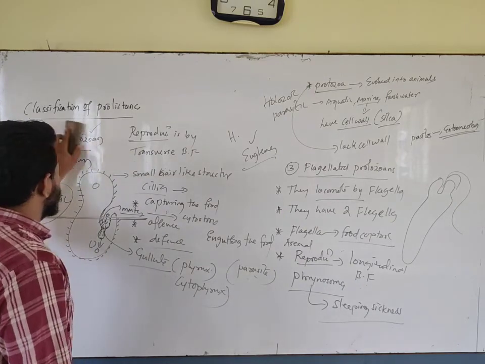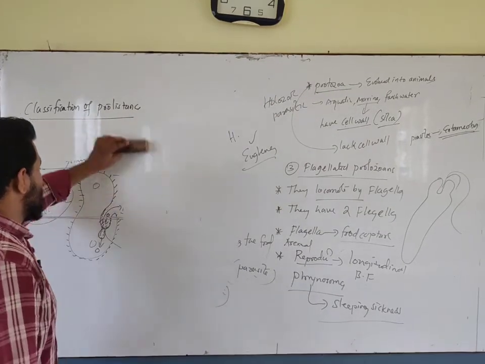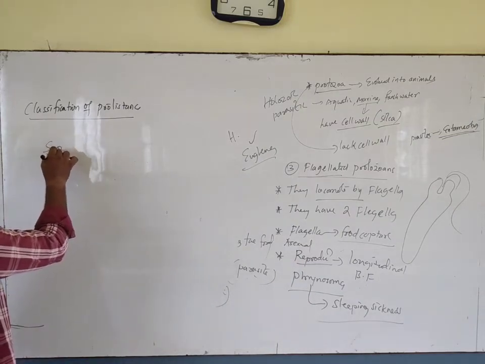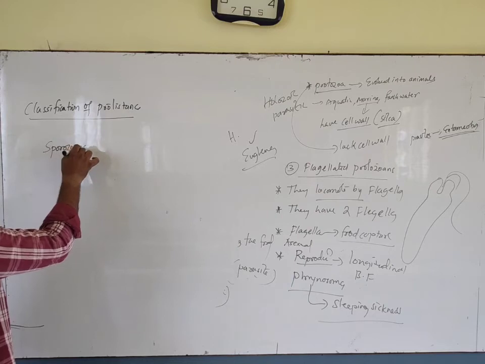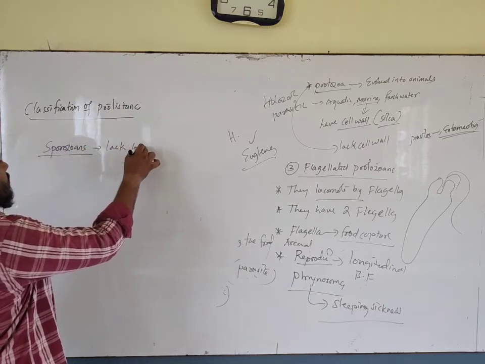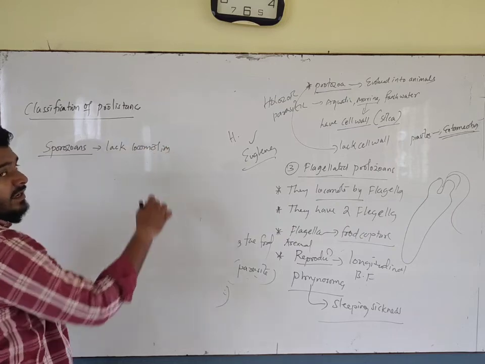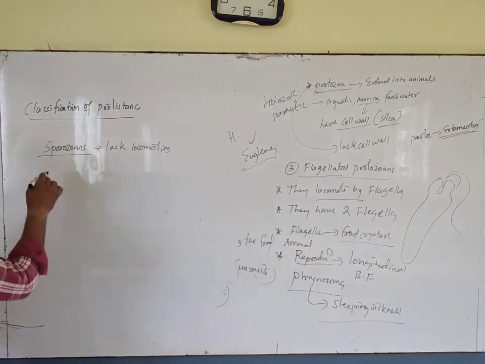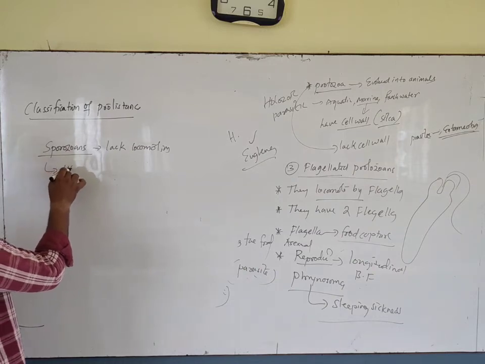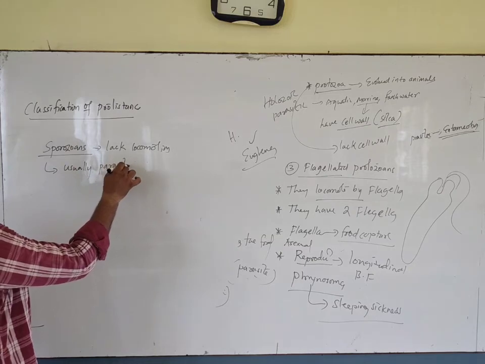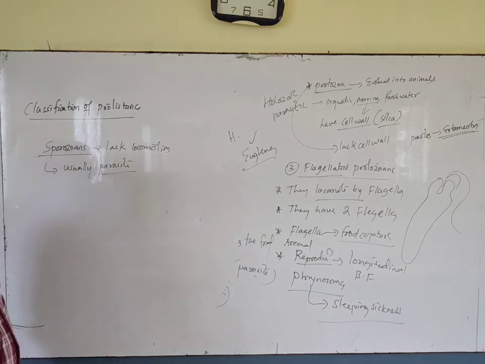So next, the last class is sporozoans. They lack locomotion. They do not contain any structure that helps for locomotion because they are usually parasites.